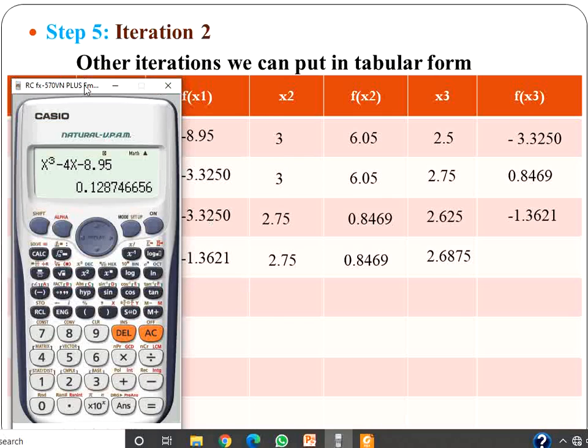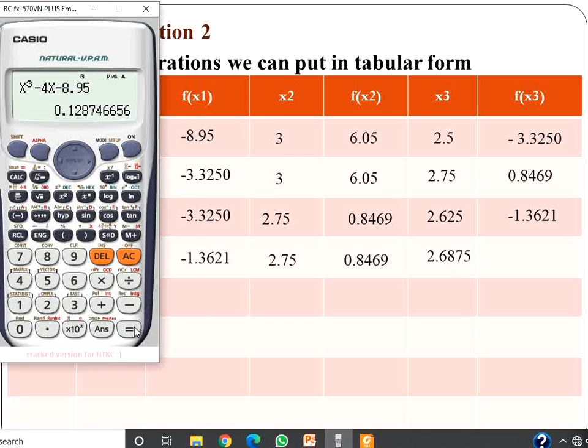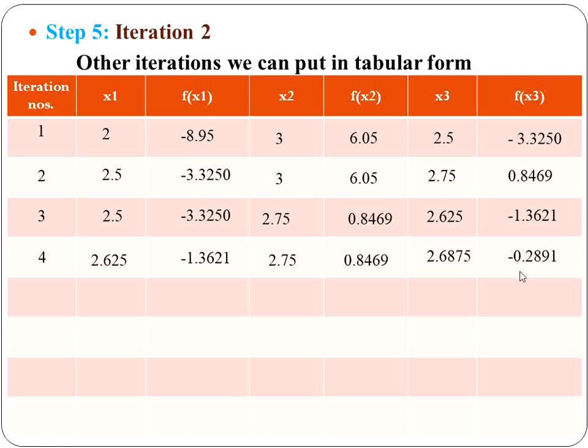That function is already saved in the calculator. Just what is the value of the function for 2.6875? So the value of x is 2.6875. So the function value is minus 0.2891.